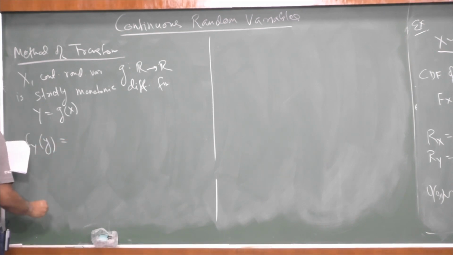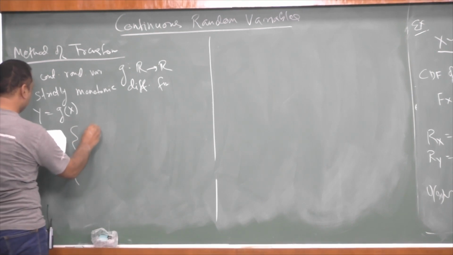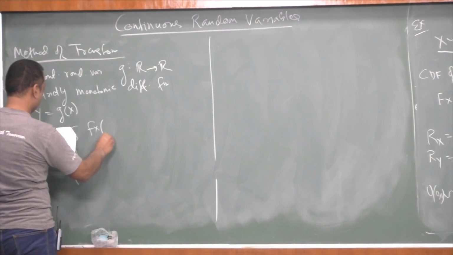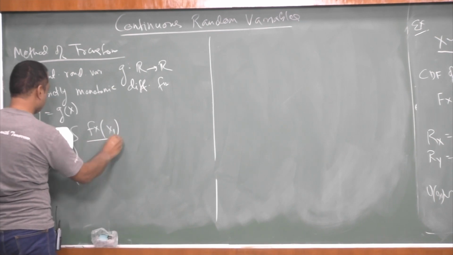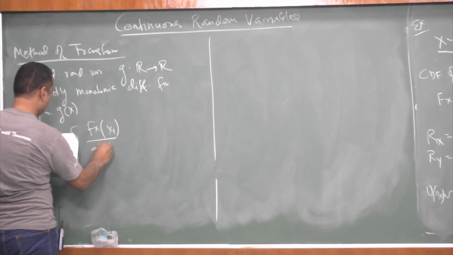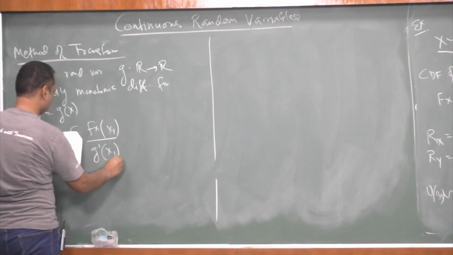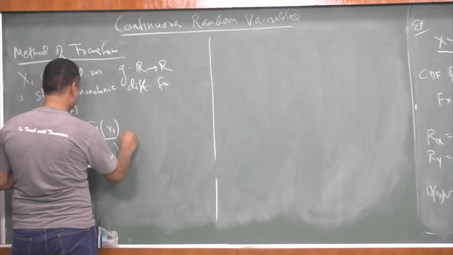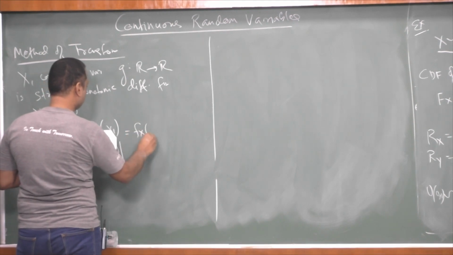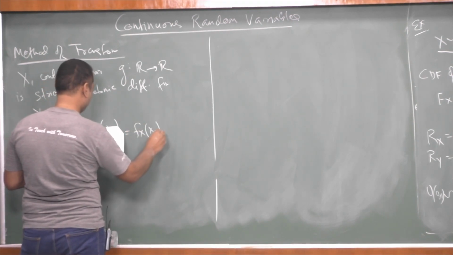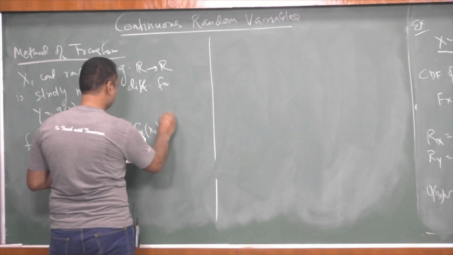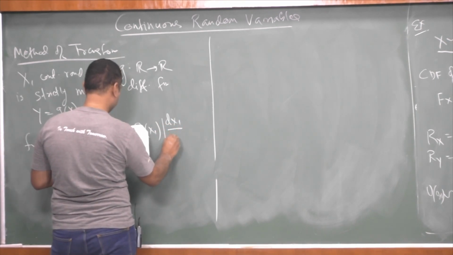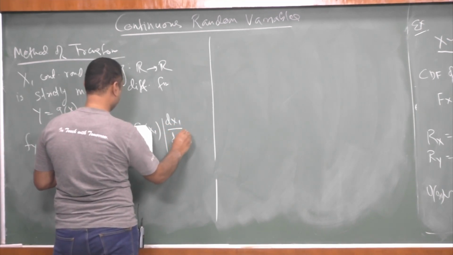So the PDF will be found as f_X(x1) divided by |g'(x1)|. So g' is the derivative of g, and this is the mod, so this is f_X(x1) |dx1/dy|.